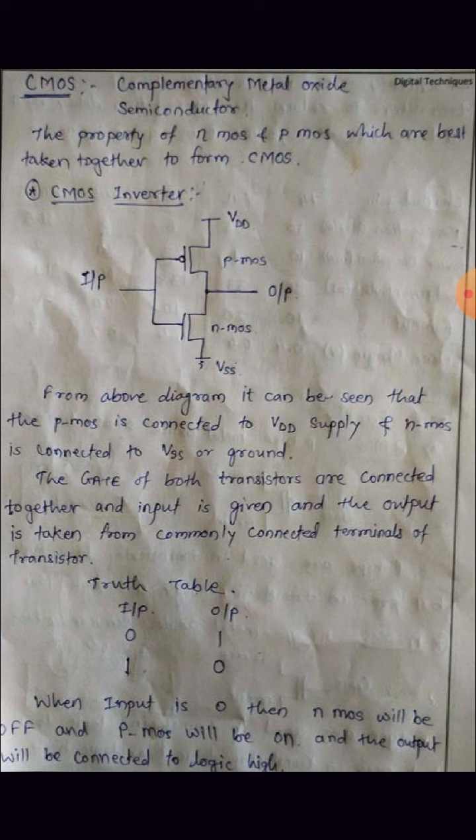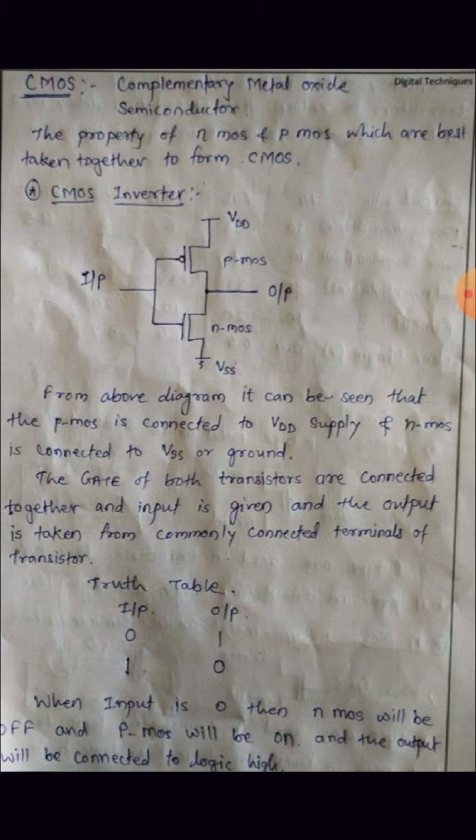That is, when input is 0, then NMOS will be off and PMOS will be on, and the output will be connected to logic high.